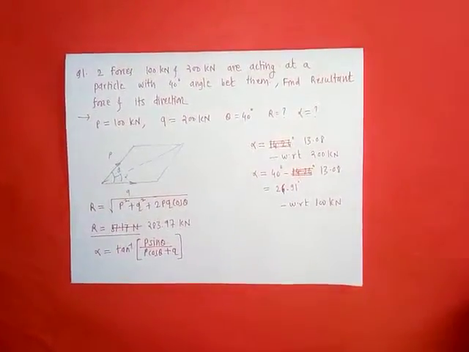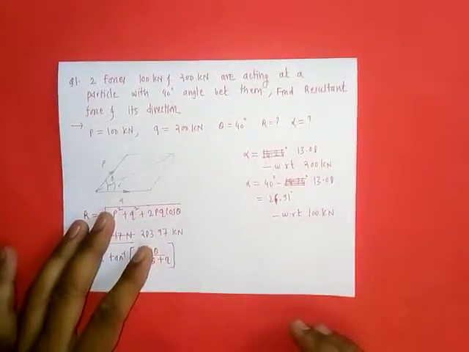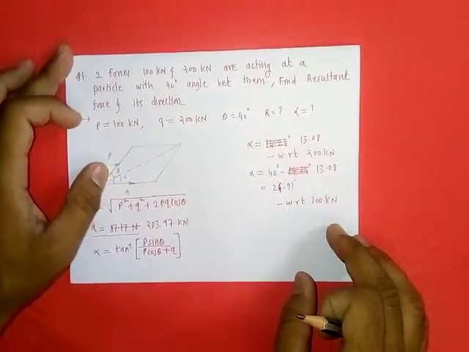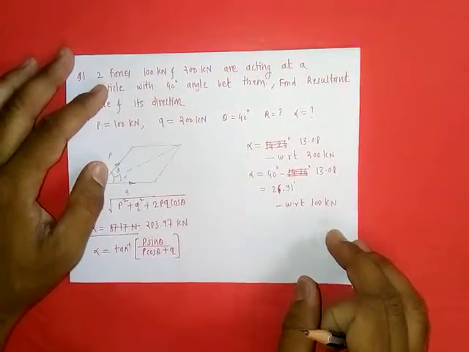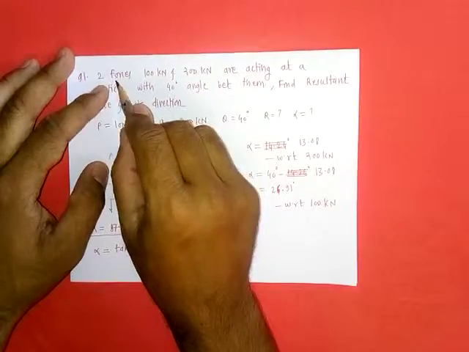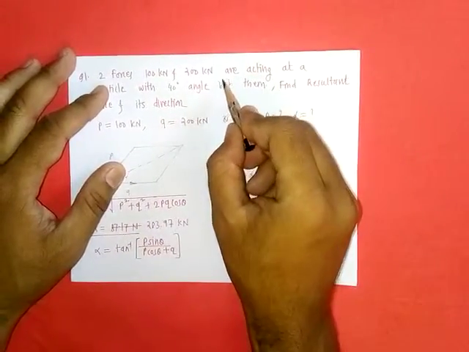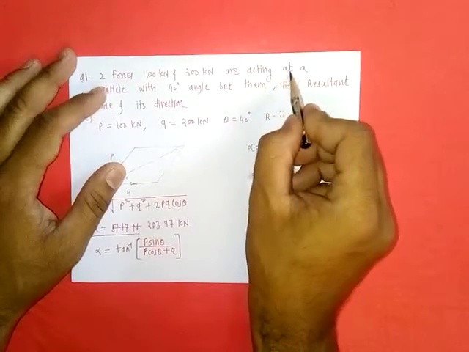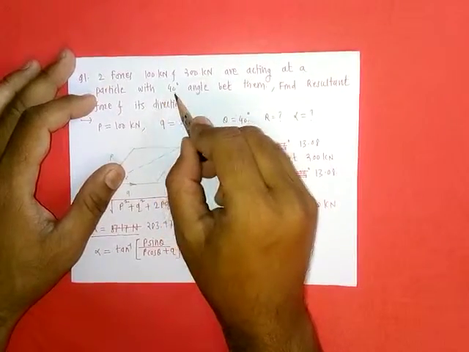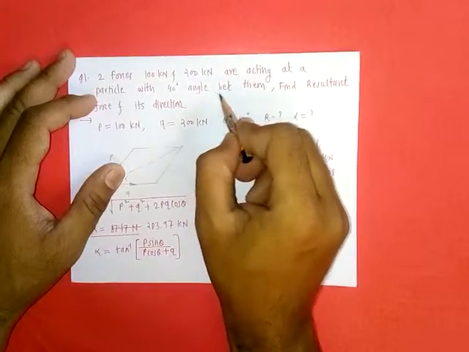This is a very simple numerical and it is based upon the parallelogram law of forces. Here the statement is: two forces 100 kilonewton and 200 kilonewton are acting at a particle with a 40-degree angle between them.